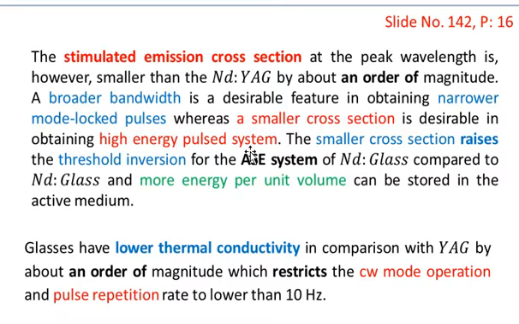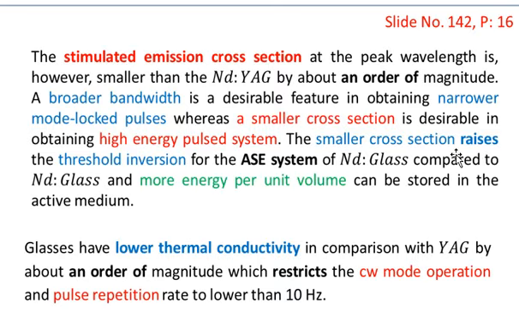So you see that since we have a cross-section which is smaller in comparison with the Nd-YAG, it means that in the Nd glass we have the possibility of obtaining high-energy pulses in comparison with the Nd-YAG.